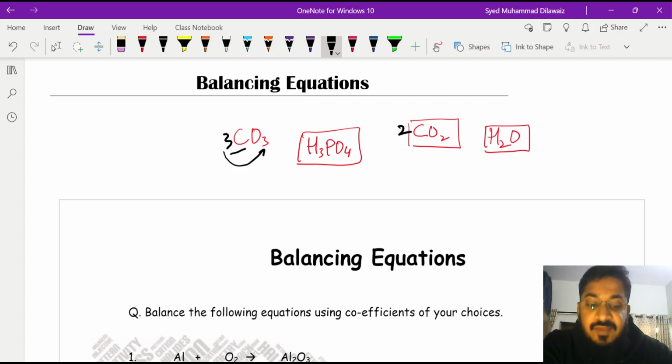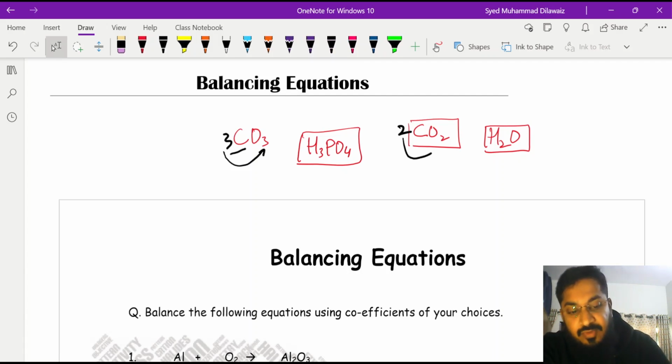It indicates we have 2 carbon atoms and 2 into 2 is 4 oxygen atoms at the same time. So the number that is put before any formula of an element or compound is completely multiplied with each and every subscript to get the total quantity of atoms in the formula.